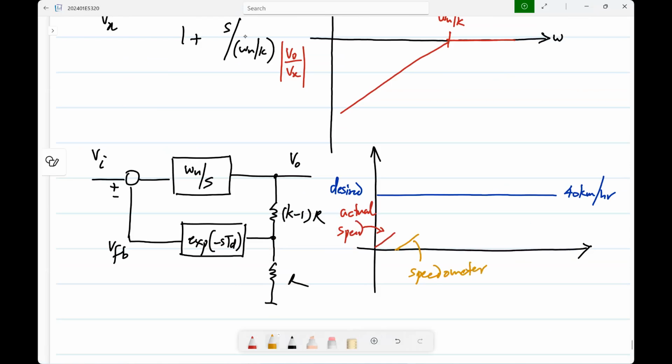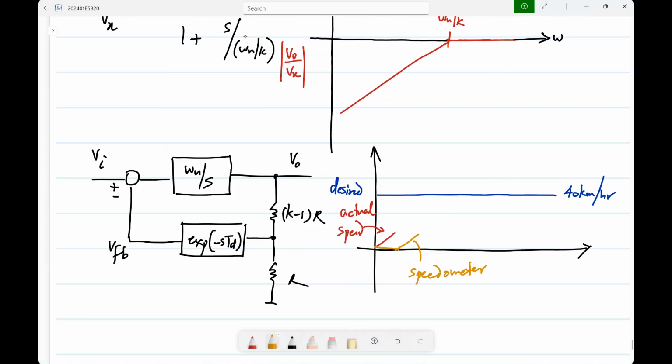Okay, so what is going to happen in this case? So first of all, initially, if it is an ideal delay like this, this is very hard to believe, but you don't even know that you're moving. Because the speedometer is showing 0 up to this point, and then you keep driving.